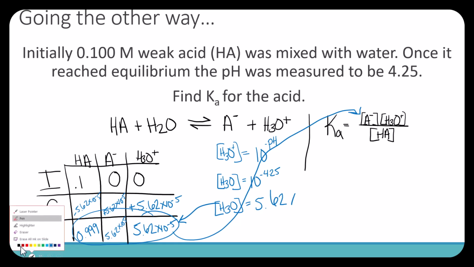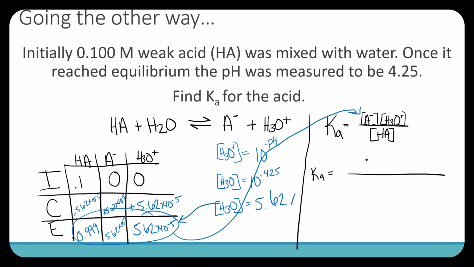So let's do just that. So Ka equals, we're going to have 5.62 times 10 to the negative fifth times 5.62 times 10 to the negative fifth, divided by the equilibrium concentration of our weak acid, which is 0.0999.